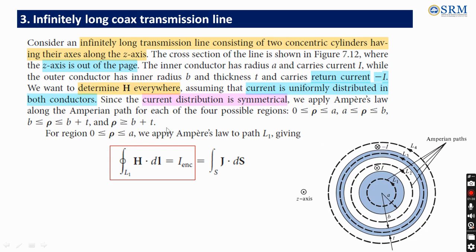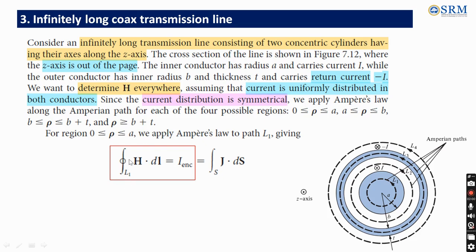And we are going to consider 4 Ampere paths, that is L1, L2, L3 and L4, and with these Ampere paths we are going to define the 4 different regions, and we are going to apply Ampere's law to all the 4 different regions and find the magnetic field intensity, right?